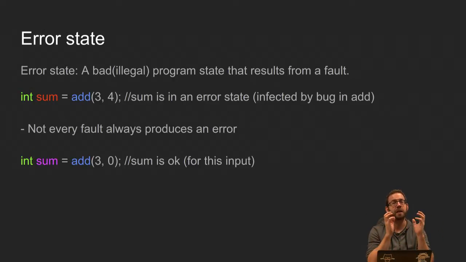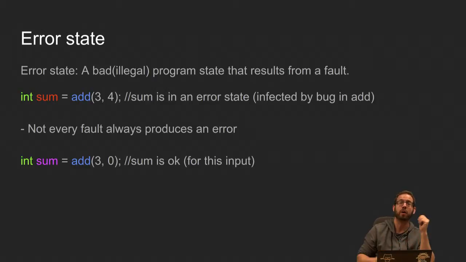So if we get in an illegal state, that is, we have the wrong value in some variable or in the database or in a file or whatever, then we're in a bad illegal program state. So the error state is when we have such a bad state.